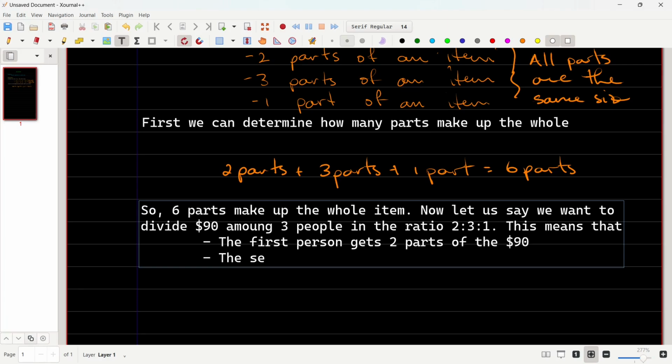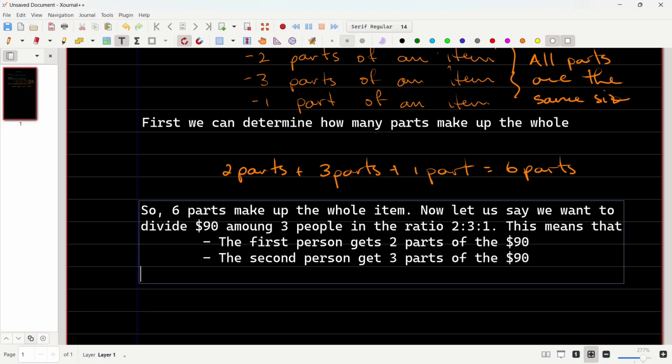The second person gets 3 parts of the $90. And the third person gets 1 part of the $90.